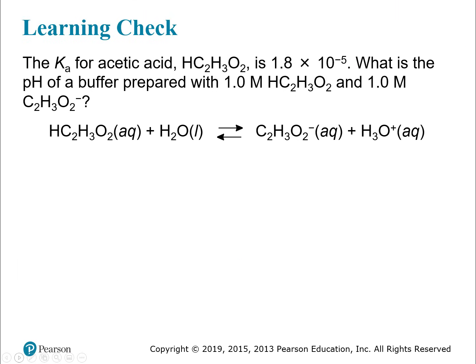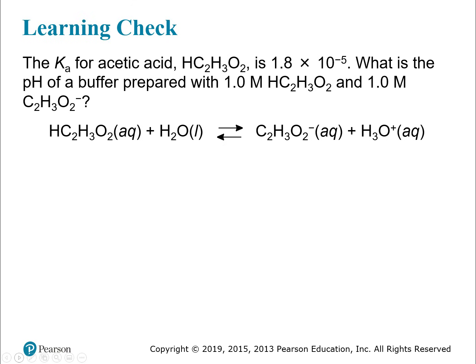So let's do an example of this. The Ka for acetic acid is 1.8 times 10 to the minus 5, which is pretty small. What is the pH of a buffer prepared with 1 molar acetic acid and 1 molar acetate ion?